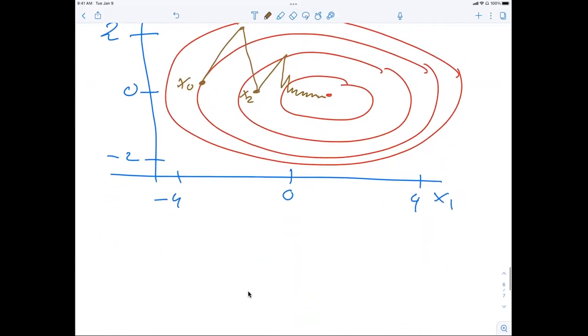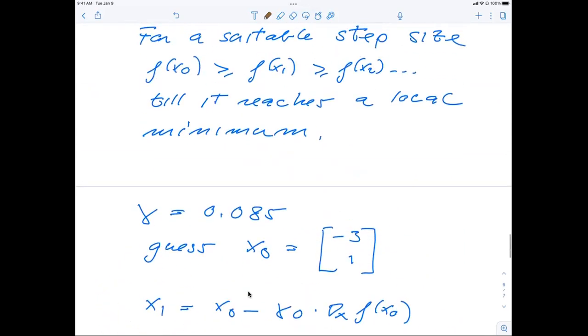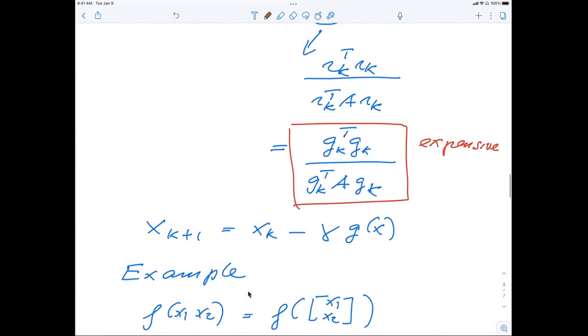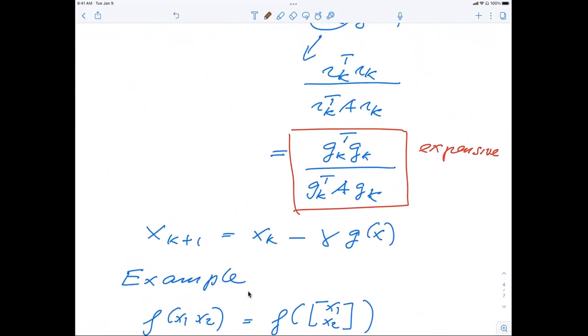So there are ways to actually improve this type of convergence without going back to the steepest descent or more advanced methods like conjugate gradient, where you actually have to evaluate matrices. If you scroll back a little bit, when we are dealing with methods like the steepest descent or the conjugate gradient method or more advanced methods for gradient descent, we always end up having to evaluate matrices of this type.